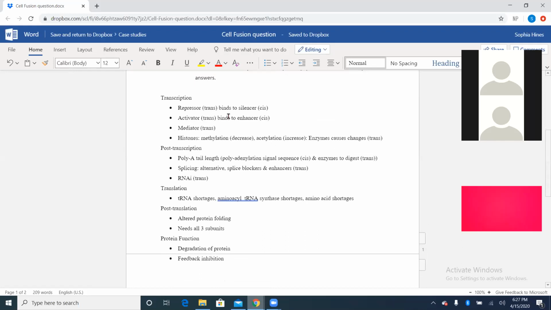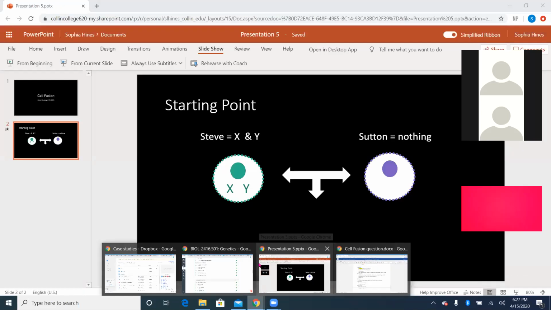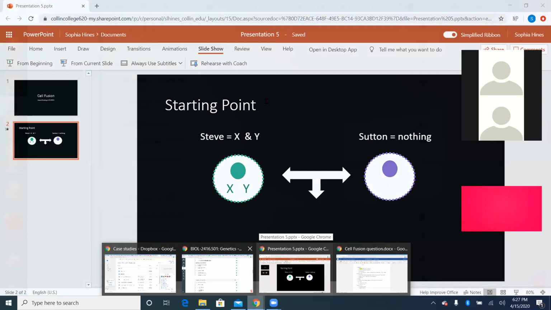And of course, if we're going to be turning off a gene, the first one we can look at is the repressor. So a repressor that was already in place in cell Sutton can now float across and bind to the DNA silencer sequence in cell Steve's DNA. Does that make sense? It's going to be a really terrible picture here.